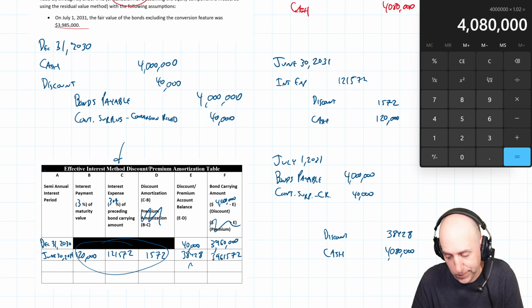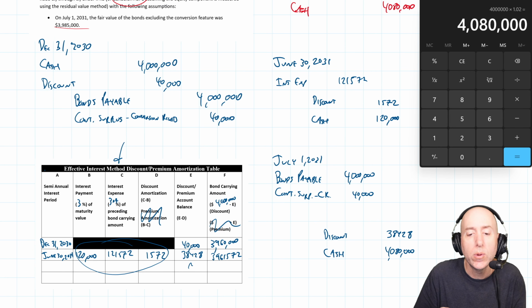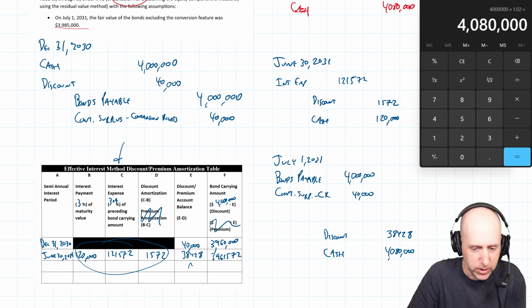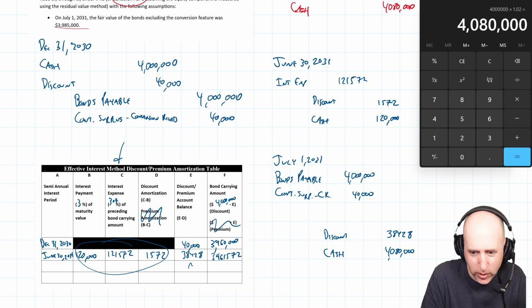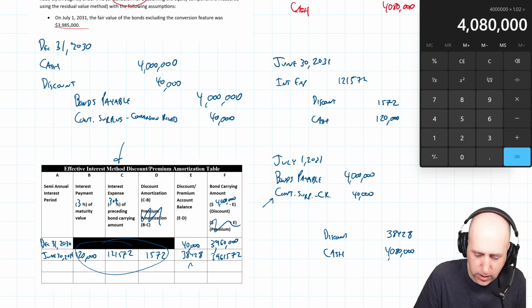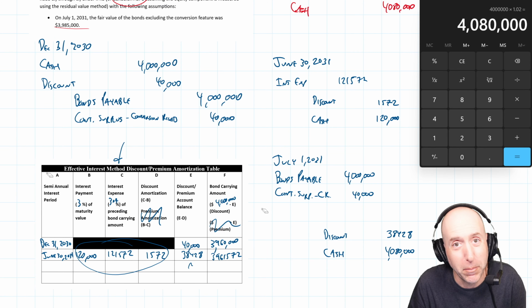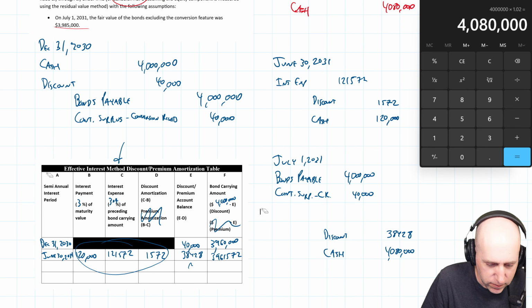And now we are unbalanced, and there are 2 accounts we need to be worried about. One, is there a gain or loss on the retirement of the bond? And 2, is there a gain or loss on the equity retirement here, the fact that we ditch this contributed surplus account? And the answer is generally there's going to be a little bit of both. So here's how we figure that out.